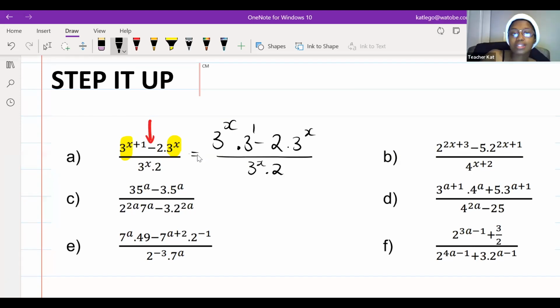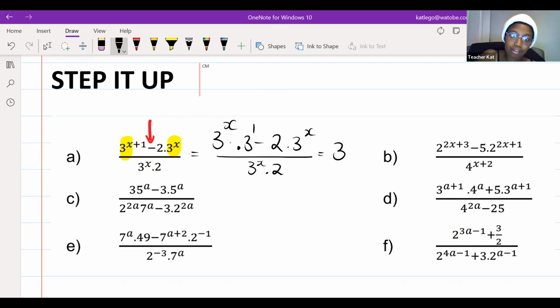Okay, who remembers what I did after this? What happens once you split it up? What was the point of splitting it up? So that we can do what? Anyone remember? If we have our notes there, we can check in our notes. Yes, we take out the common factor, which is 3 to the power of x.